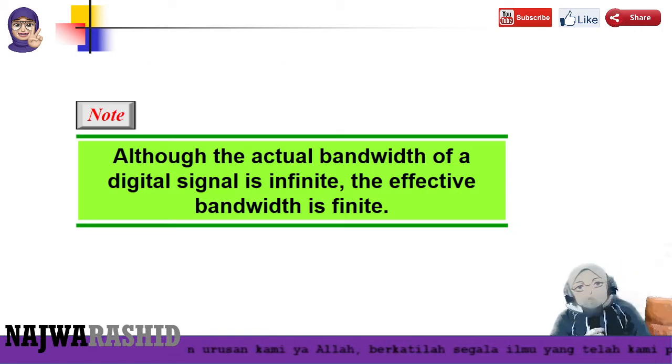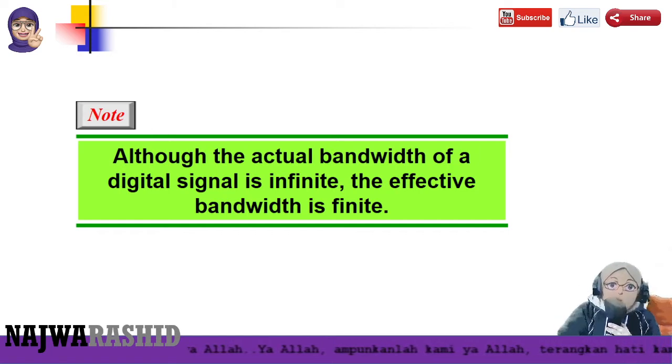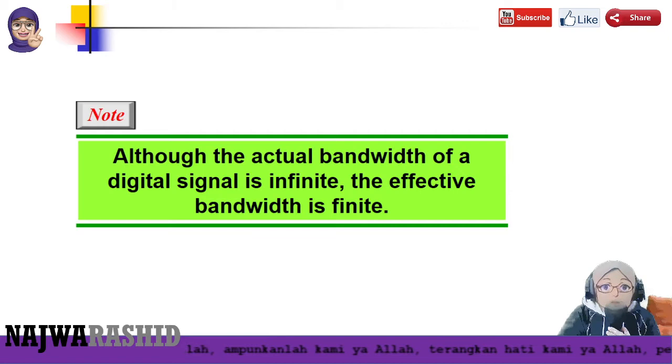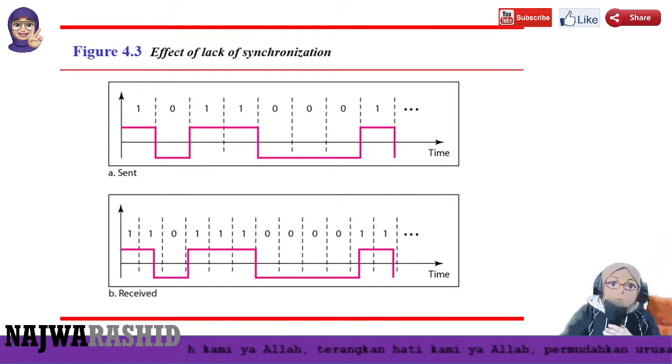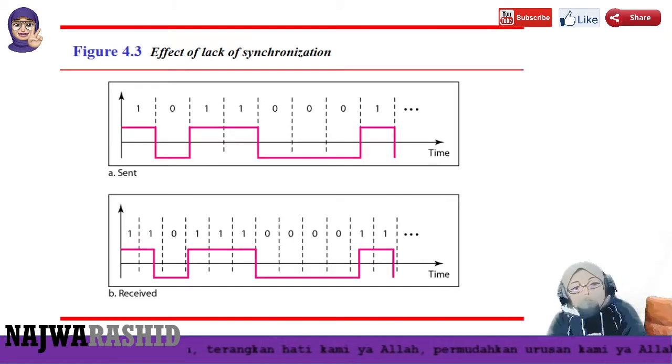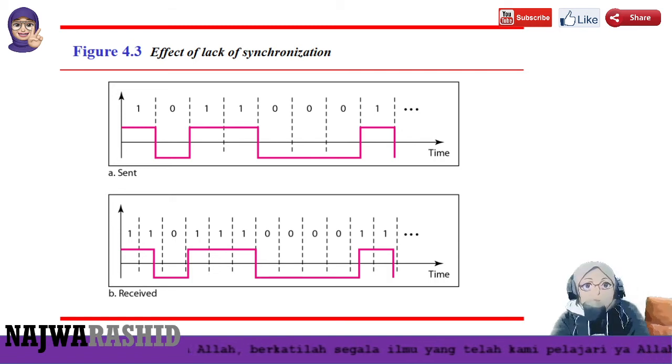Okay. Although the actual bandwidth of a digital signal is infinite, the effective bandwidth is finite. That part is the theory of the bandwidth when we deal with the digital signal. The next part, we discuss about the lack of synchronization.